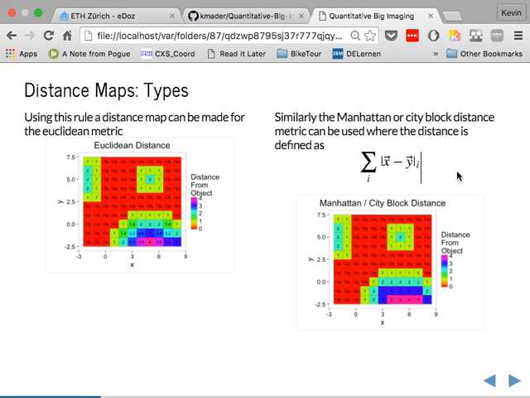And fundamentally, the city block doesn't give us a hugely different result. It's still fairly similar. And the advantage of the city block, if you're doing large processing or have really large data sets, is that everything is integers, so you can never end up with fractional values. When you use Euclidean distance maps, you end up with lots and lots of irrational values, and this can be computationally quite intensive.